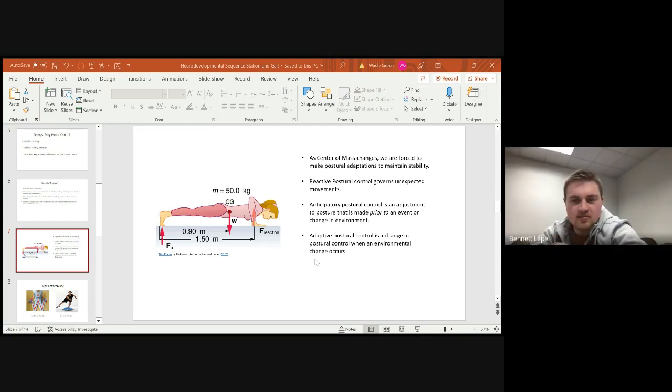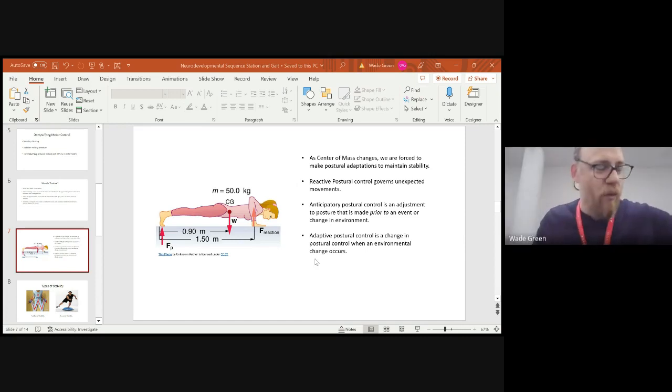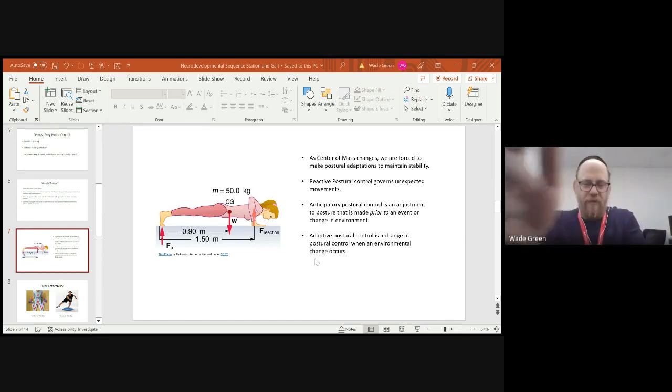So wait, one more time. Torque is the distance perpendicular to what? I know we covered it already. That's okay. I'll draw it for you guys.